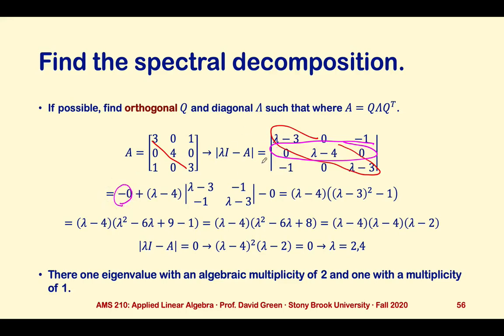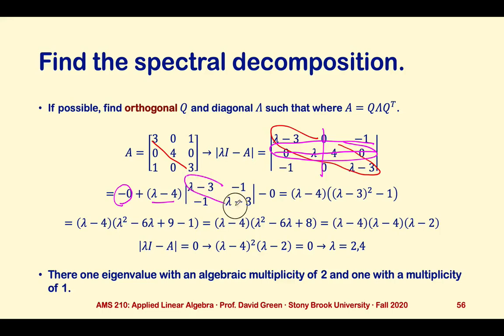Negative 0, don't worry about what the determinant is, plus lambda minus 4 multiplied by the determinant that we get. If we cross out those pieces, we're left with lambda minus 3, negative 1, lambda minus 3. And the last term would also have a 0 here. Right? Single non-zero term multiplied by a 2 by 2 determinant.